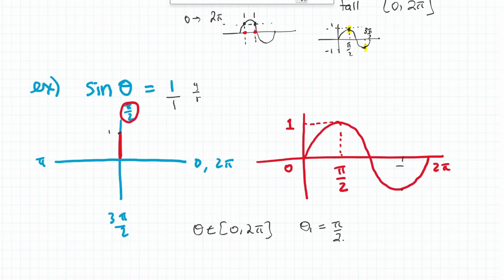At -1, it would be at 3 pi over 2, and here this would be at -1. That's something to look out for, because I remember I was a little bit confused when I first learned about that. So rely both on your unit circle, but also remember the actual graph that you're working with. If you know the main properties of your sine, cos, and tan functions, then this can make the process a lot easier down the road.